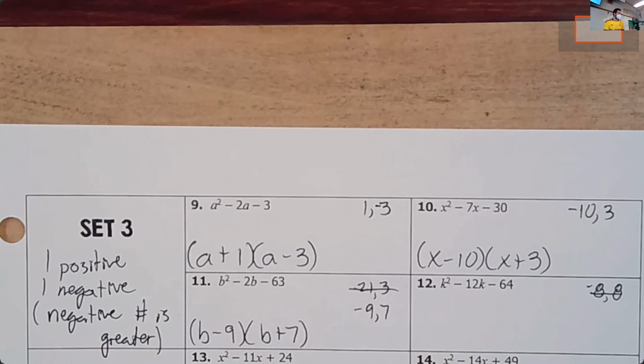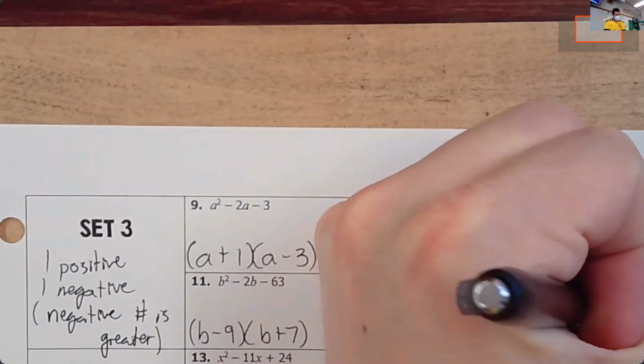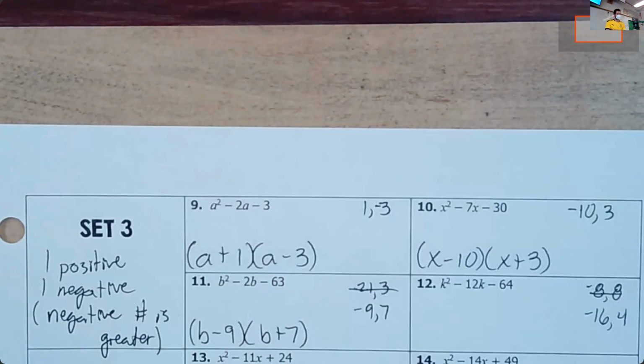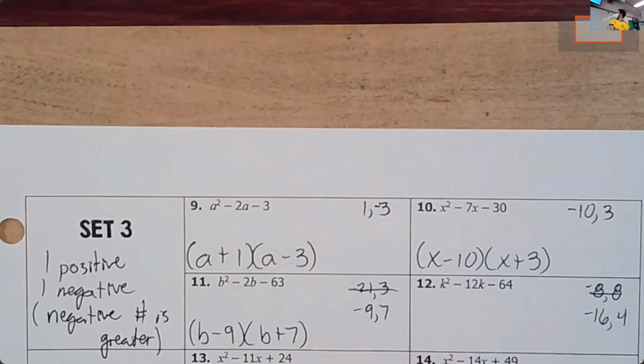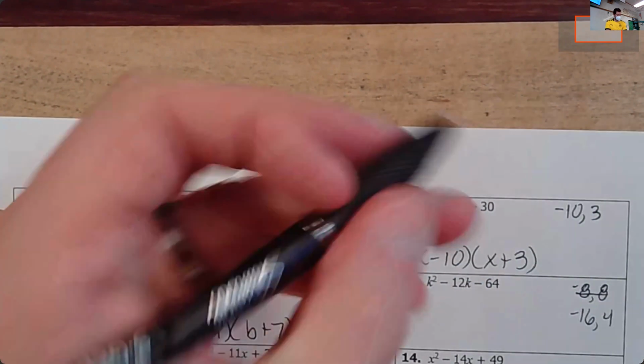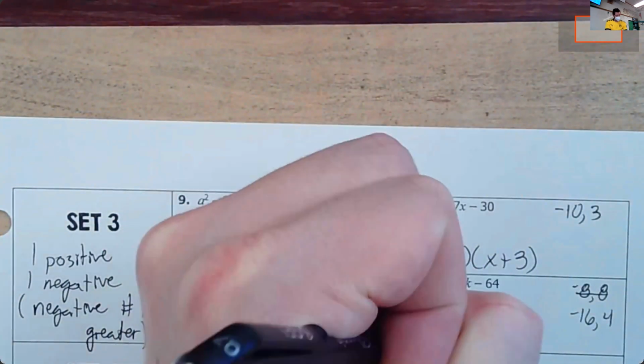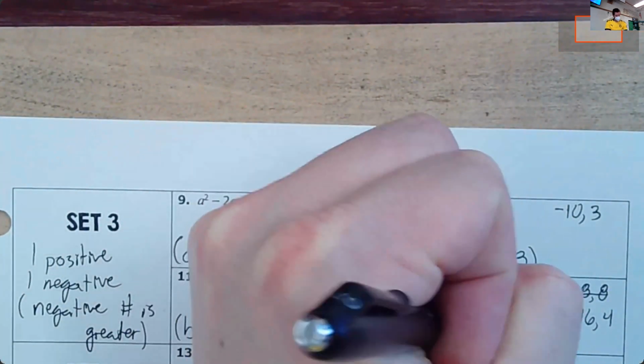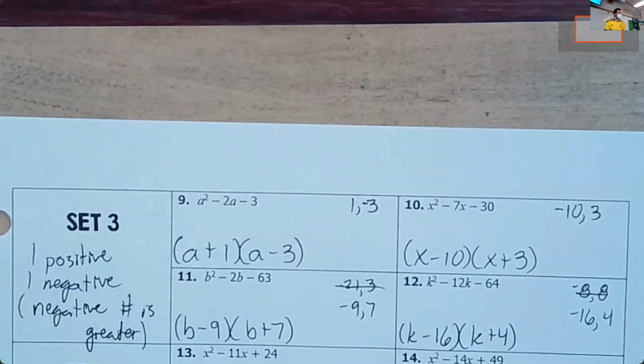If you can create your own system for figuring it out, you'll be able to get there pretty quickly. All right, let's try that. 16 and 4. -16, because the greater one would be negative. -16 plus 4 equals -12. That's it. So k minus 16 times k plus 4. Kind of like a scavenger hunt. And that's it for set 3.